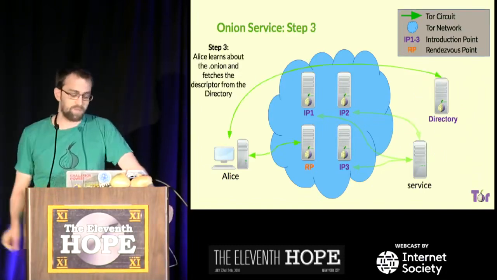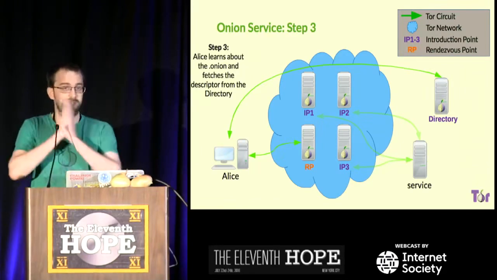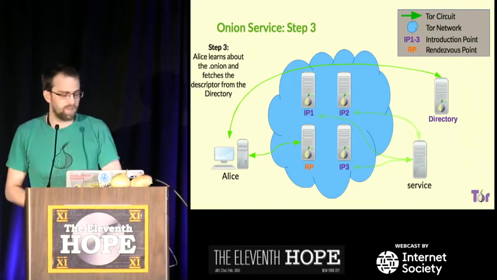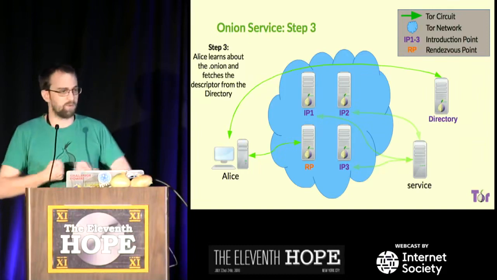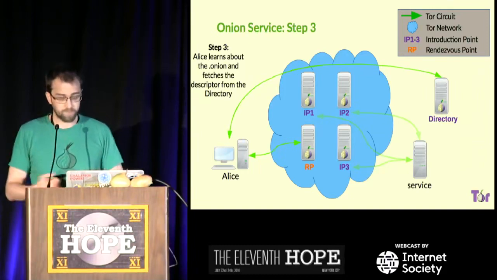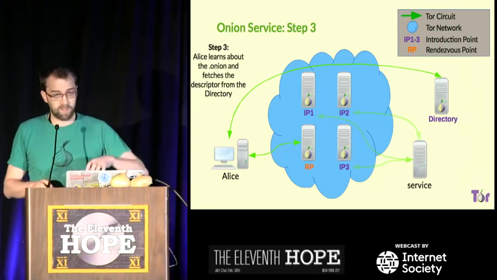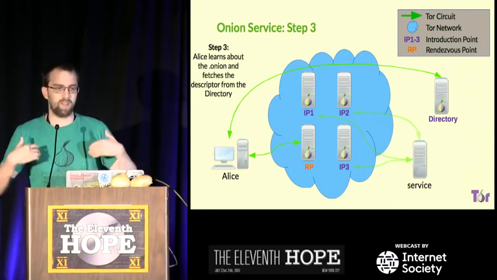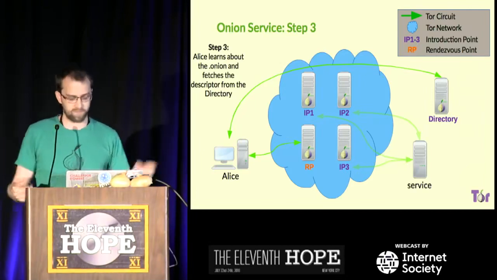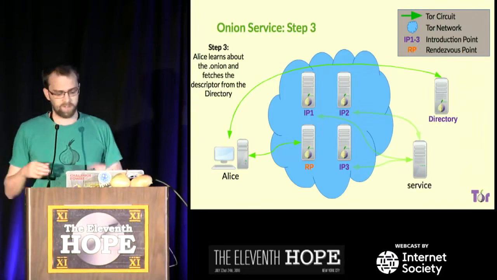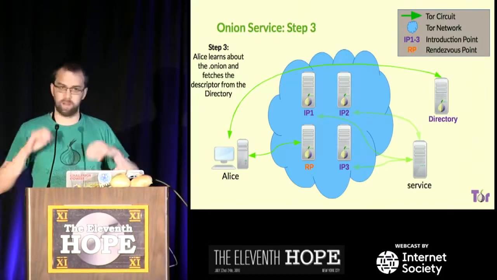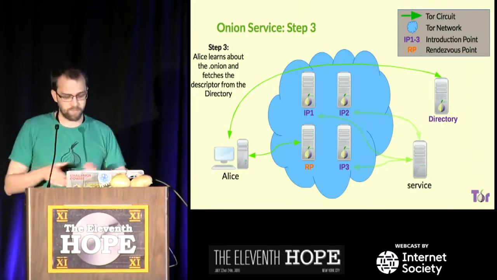And then what's going to happen is that Alice will fetch the descriptor from the directory, and with the descriptor, knows how to reach the service. At the same time, Alice will create a circuit to a rendezvous point, the RP in this slide. This RP is, again, a random relay that Alice will pick.